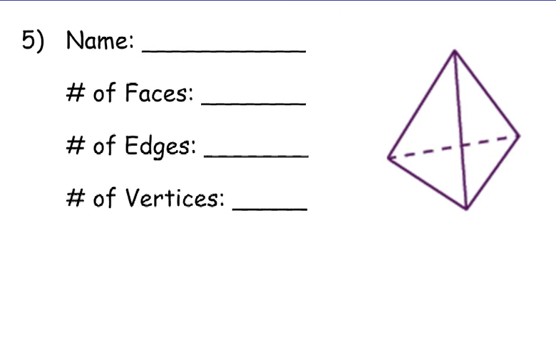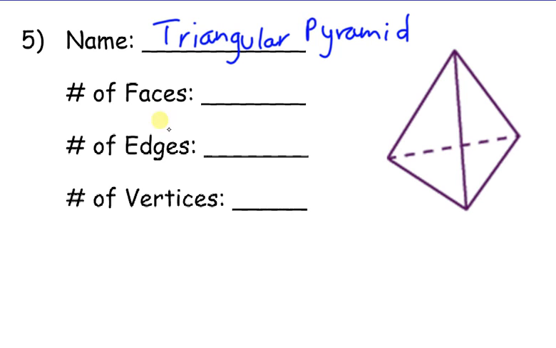Okay, now this one is also a pyramid, but what shape is the bottom, the base? It's a triangle. So this is called a triangular pyramid. Okay. So how many faces does it have? Well, it has the bottom, which is 1, and it has this side, which is 2, this side, which is 3, and then the other side, which is 4.